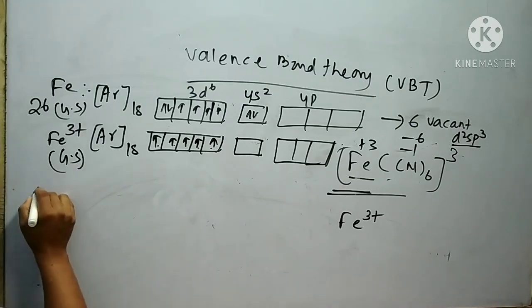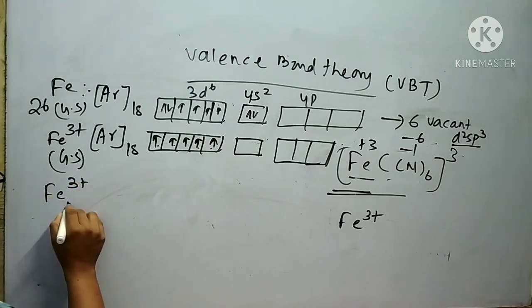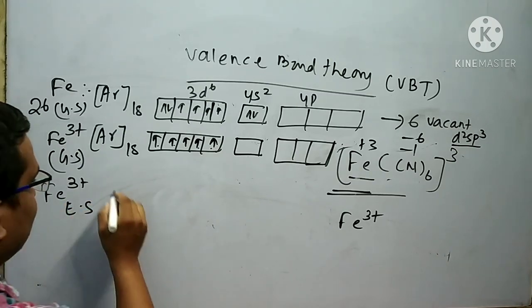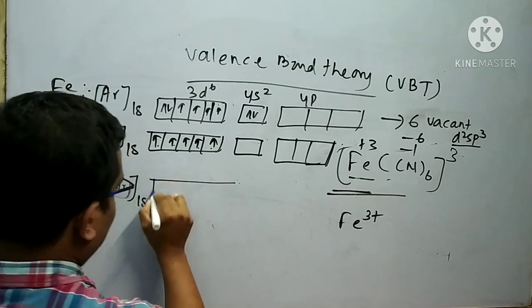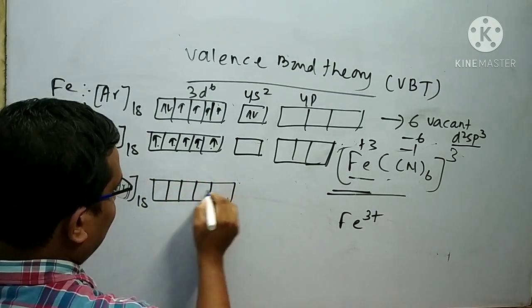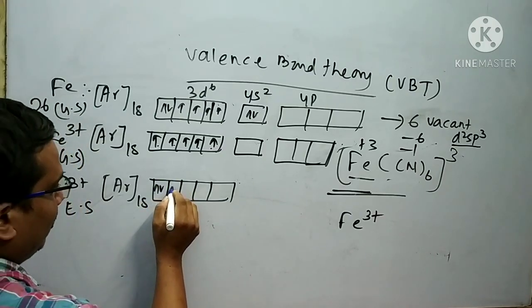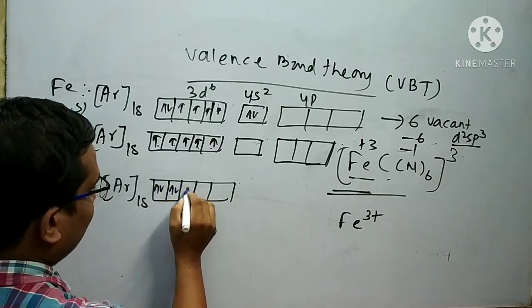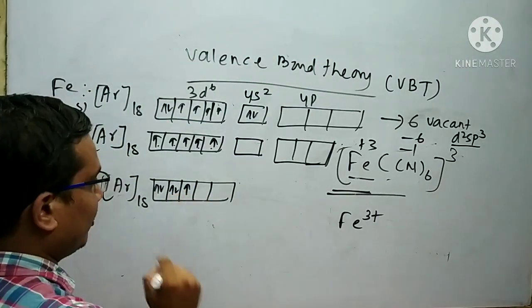Next step, I will write the excited state of Fe3+ like this. Argon 18. This is your 3d. Now I can write here 2 electrons. Also I can write here 2 electrons, and there is a single electron here.